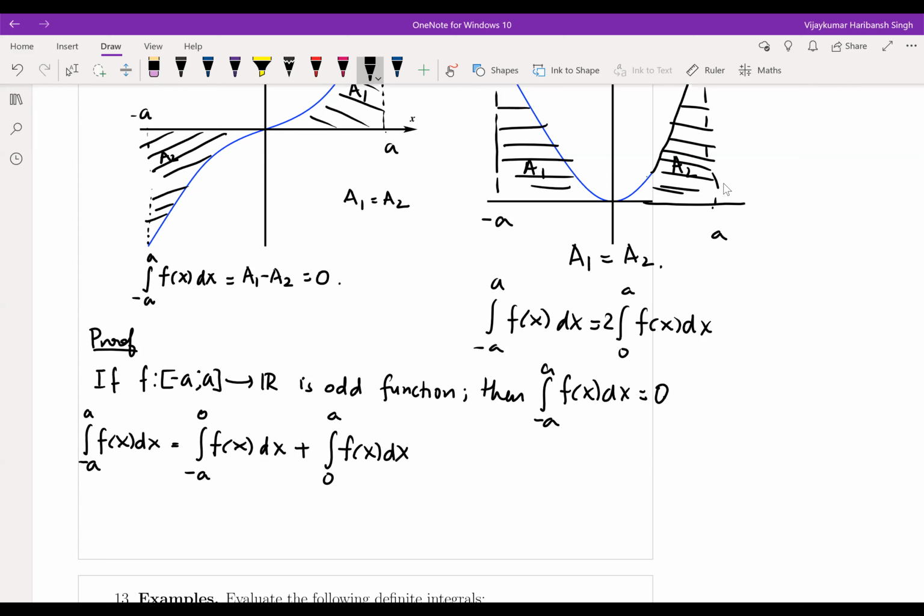Do you agree that this is a property of the integral, right? You start from minus a, take a halt at 0, and then go from 0 to a. Now in the first part, I'm going to do a substitution.